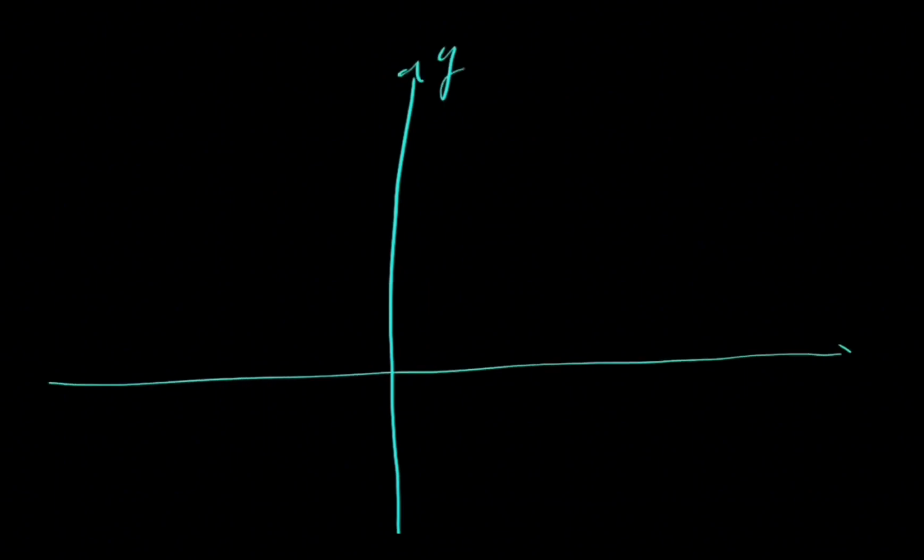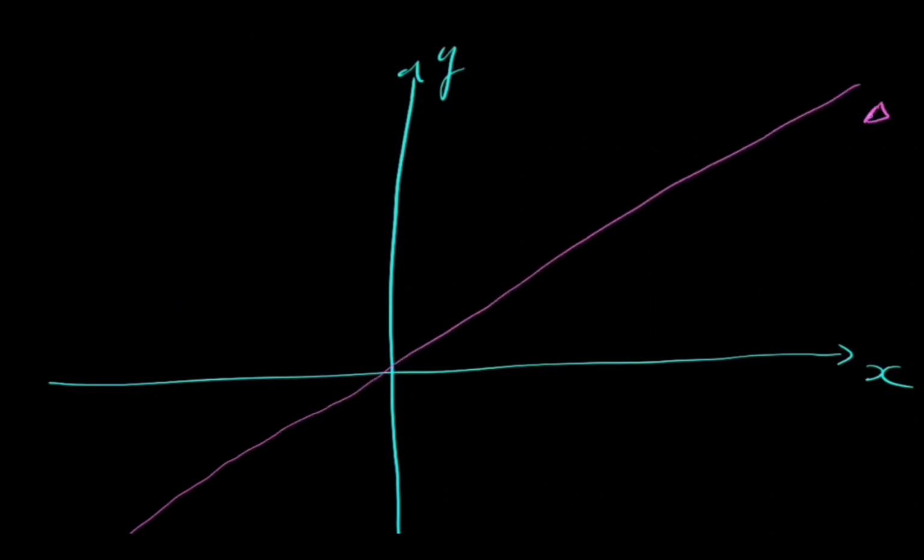So let's sketch it. We've got our y axis, our x axis, and then we're going first to sketch our tangent delta in 0. Okay, delta, which has a rate of 1.